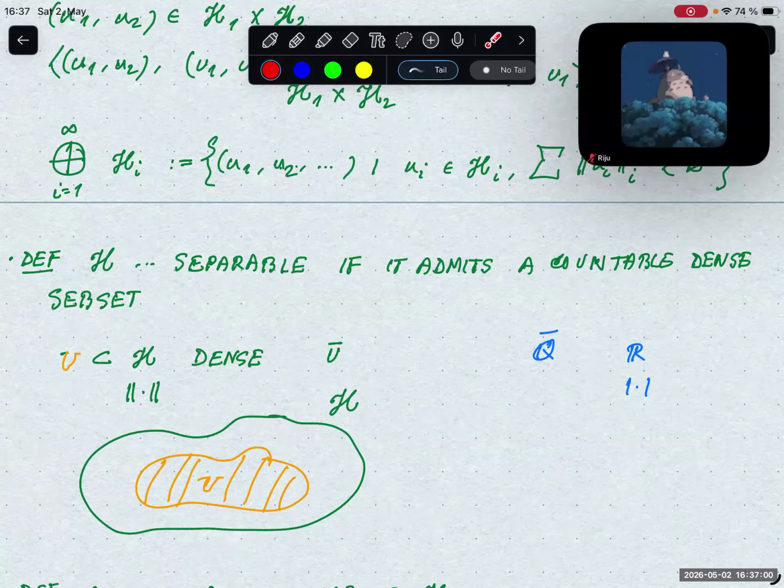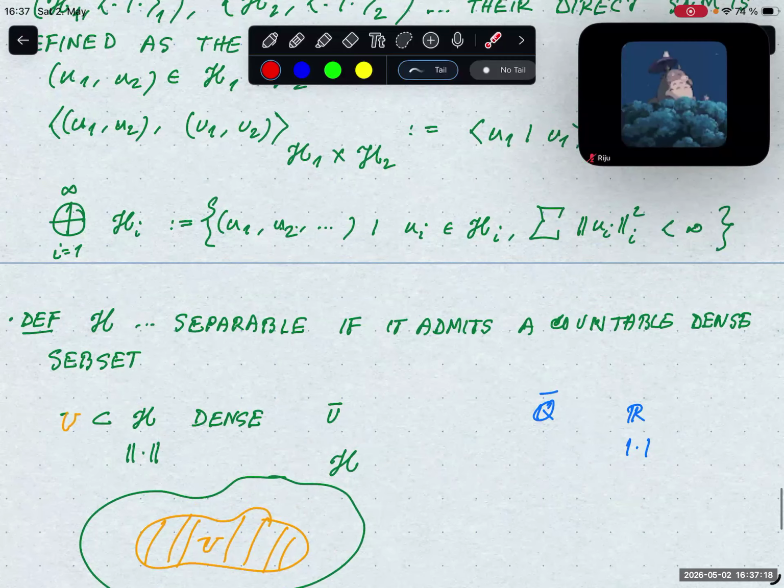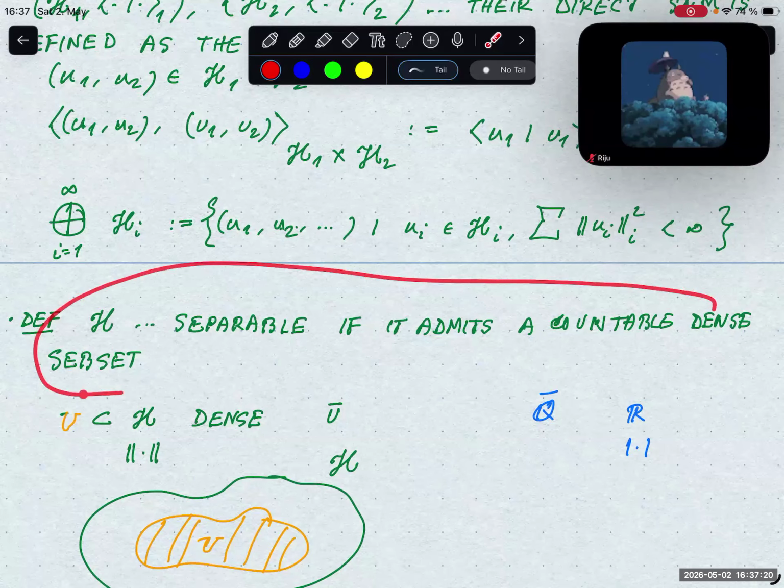What is true in infinite dimension? I mean, what does it mean? Do you mean the separability? Yeah, everything here is in the infinite dimensional setting.